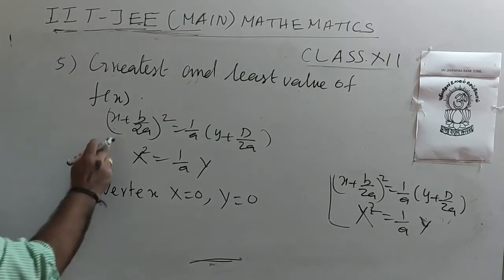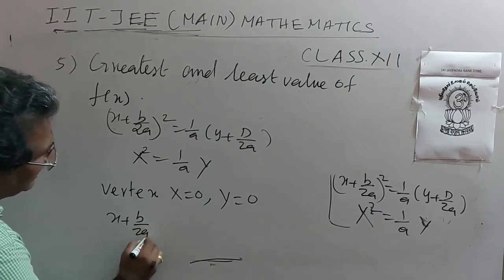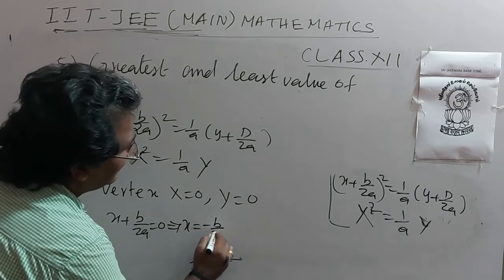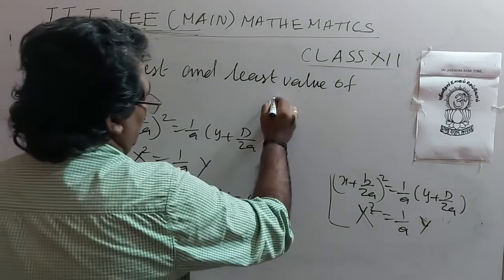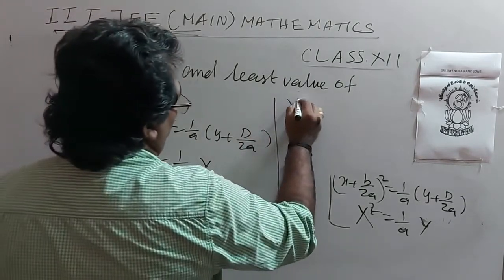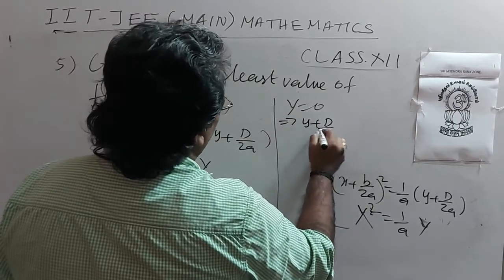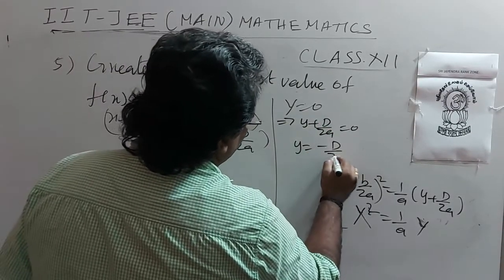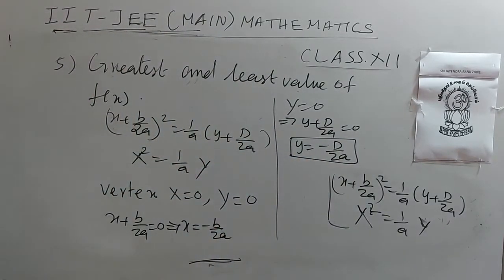Capital X equal to 0 means x plus b by 2a equal to 0, which implies x equal to minus b by 2a. Y equal to 0 implies y plus d by 4a equal to 0, y equal to minus d by 4a.